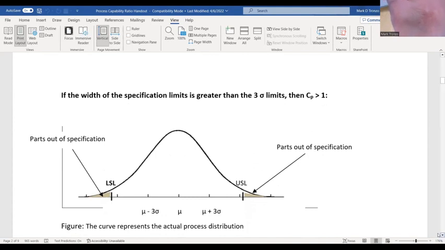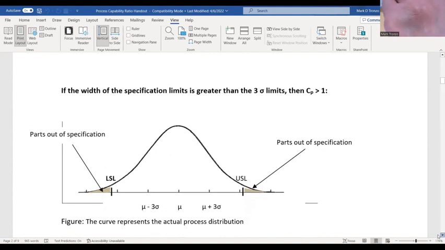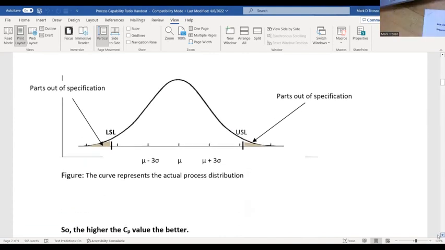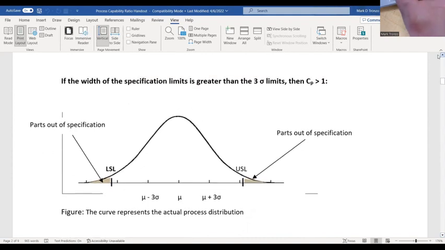Now in this case here, it's going to be real high. The CP value is going to be much greater than 1 because here's your upper and lower control limits, and yet your specification limits are way out here, so you only have a small number of bad parts, and that'll give you a high CP value.